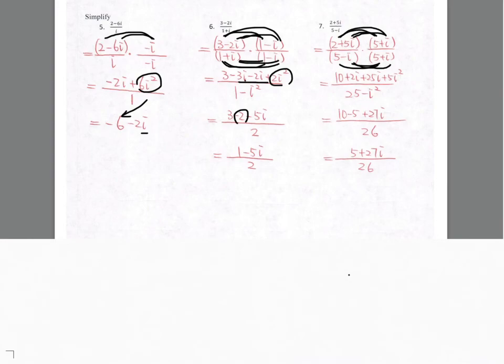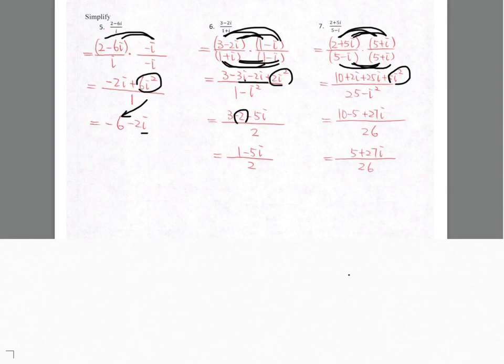So at your denominator, you have 25 minus negative 1, which is 26. 5i squared at your numerator is negative 1 times 5, so that becomes minus 5. 10 minus 5, which is 5. 2i plus 25i, I have 27i. So the final result is 5 plus 27i over 26.